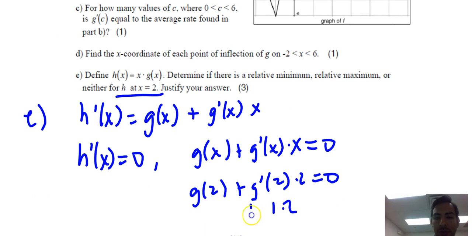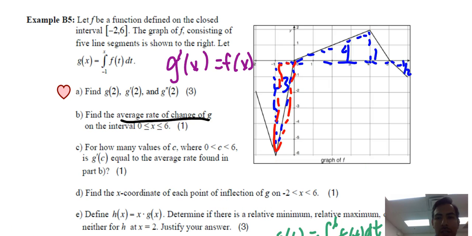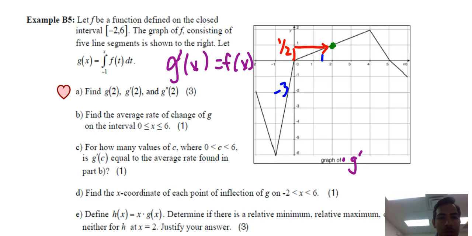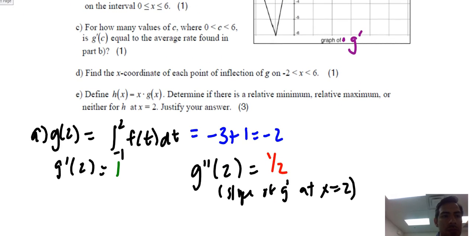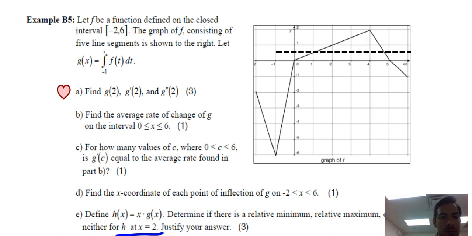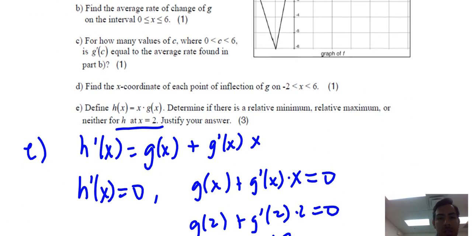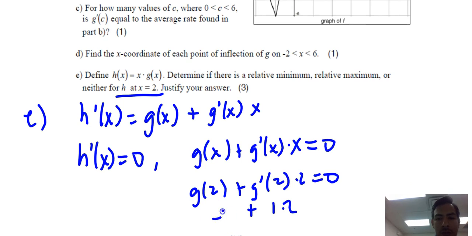That was found in a previous problem. And g of 2 was equal to -2. So g of 2 is equal to -2, and that means that's a 0. Wow, all right, that's good.